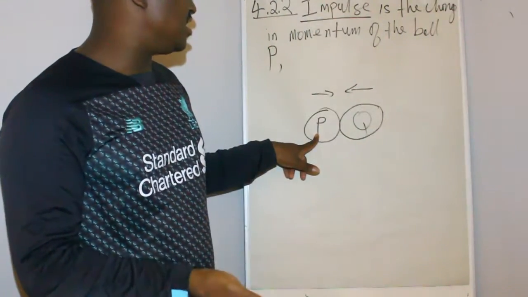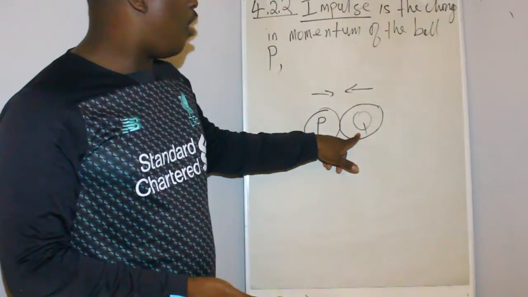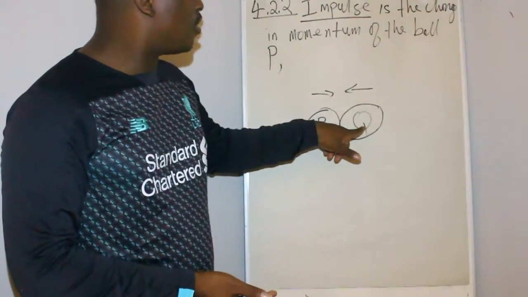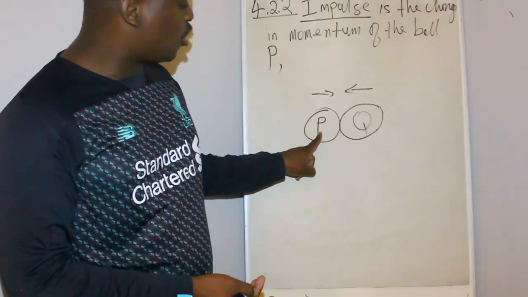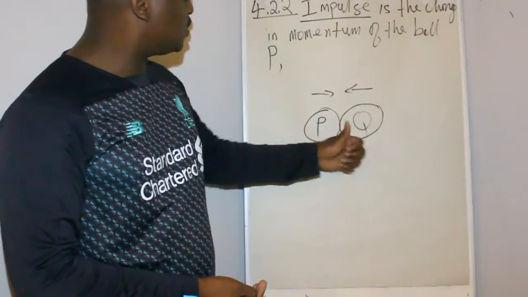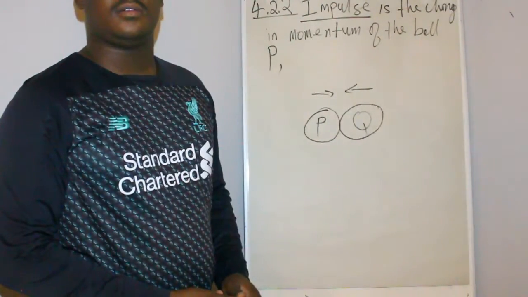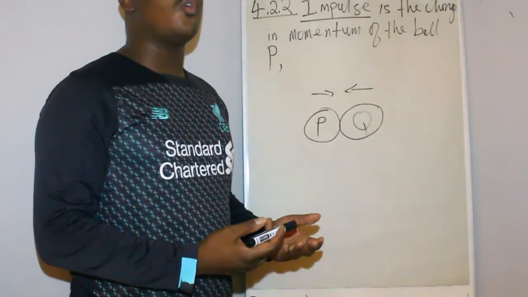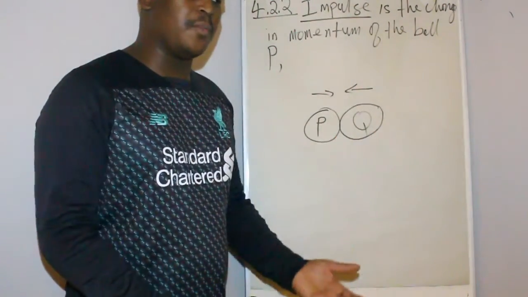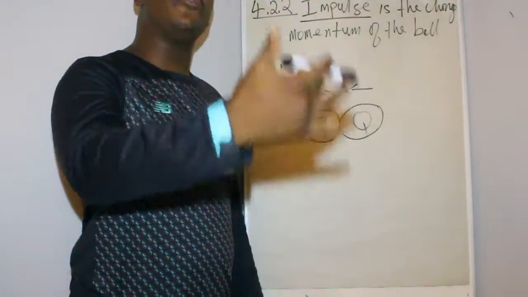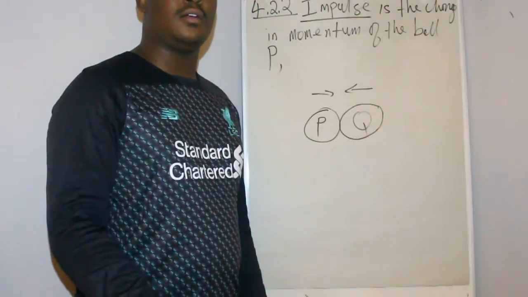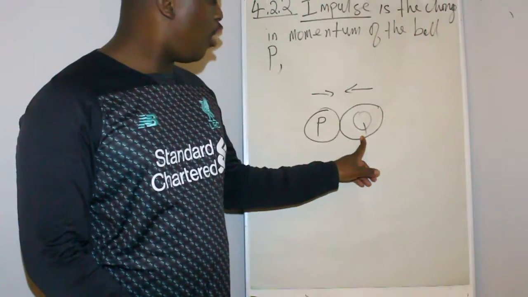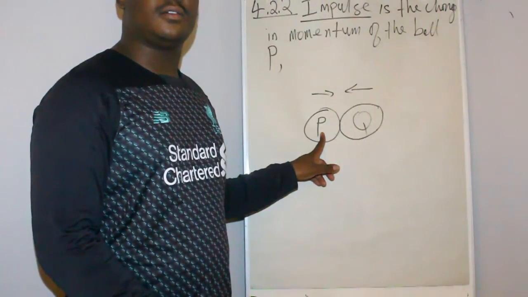What caused the change was the force of ball Q acting on ball P, which caused P to eventually turn away. That's what caused the change in momentum. So the impulse is the change in momentum of the ball, but it is caused by the force acting on the ball, which was the force of Q on ball P.